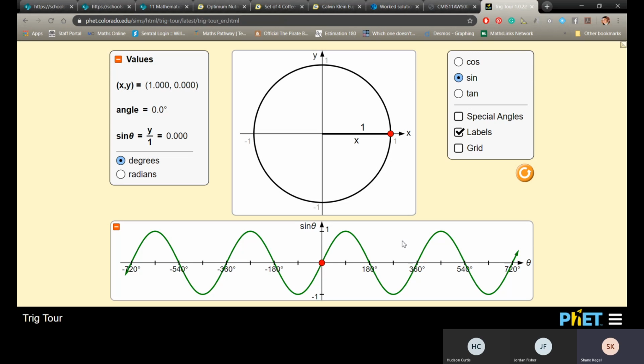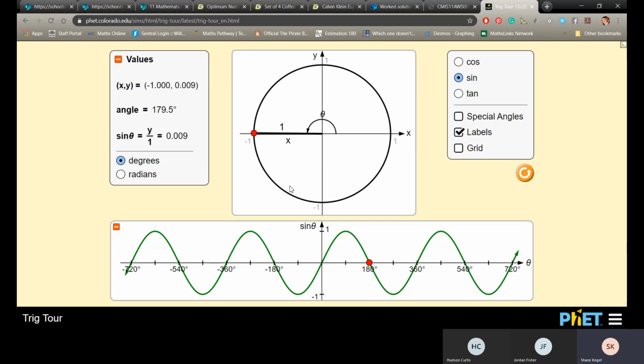This is our sine graph here, and as you can see, between 0 degrees and 180 degrees, sine is positive. If I move my angle, as you can see, the angle is increasing. As I move the angle around the first and second quadrant, sine stays positive.